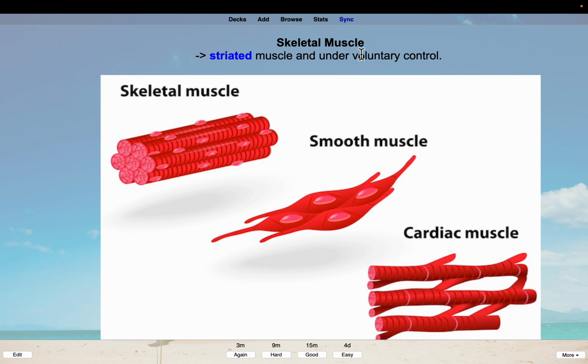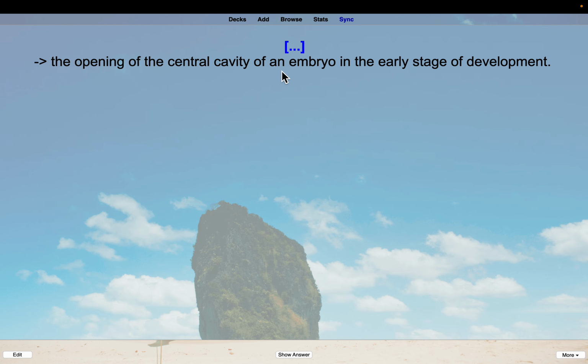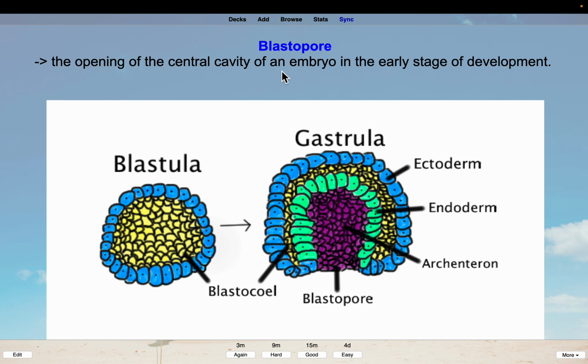That's skeletal indeed. Blank is the opening of the central cavity of an embryo in the early stage of development. So this is the blastopore. So we have the blastula and the gastrula. So the blastopore is here. This is the opening.